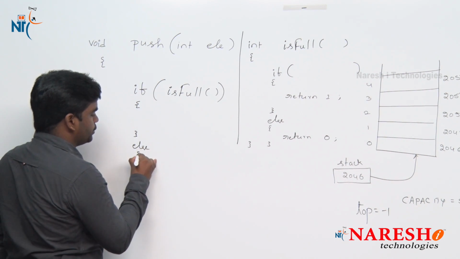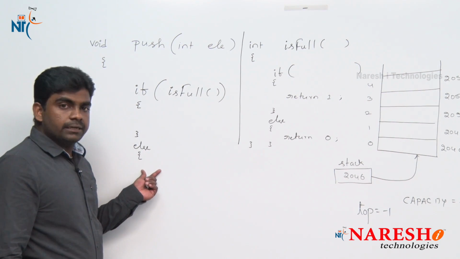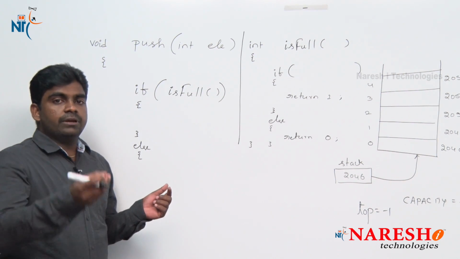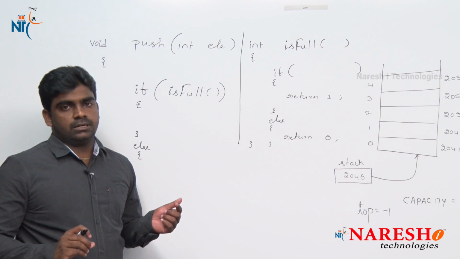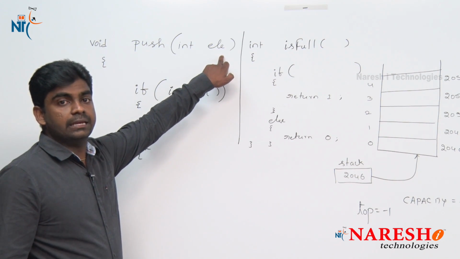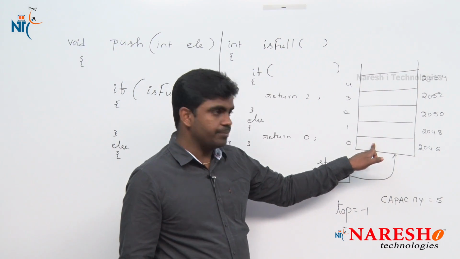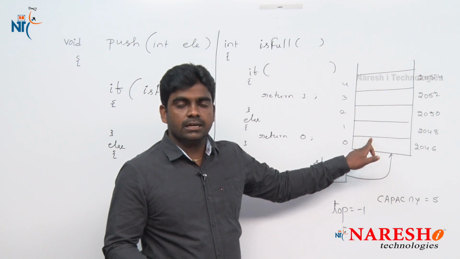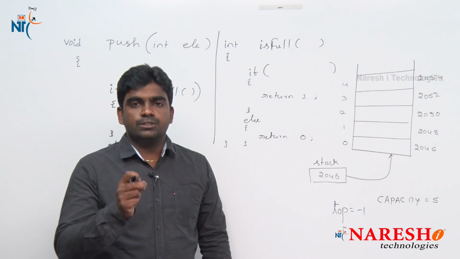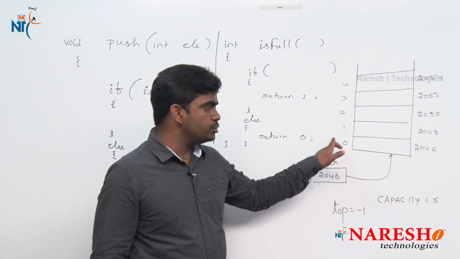The else block executes. In the else block, what do we have to write? In the else block, we are writing the insertion logic. So what is that insertion? The element we are inserting. Where do we have to insert? In the first location. Sir, how to insert? Element insertion is possible with the help of top only, but top is not pointing to 0.